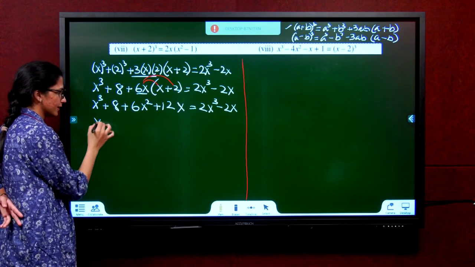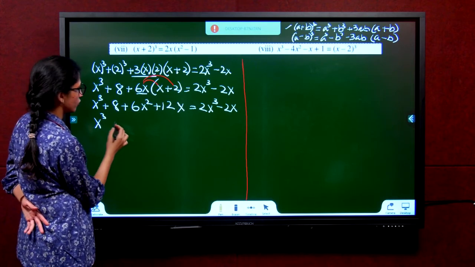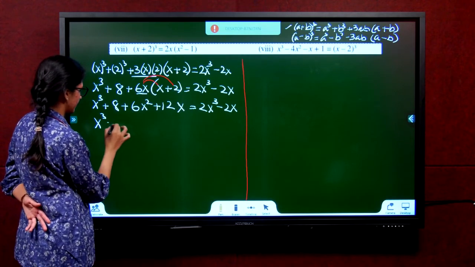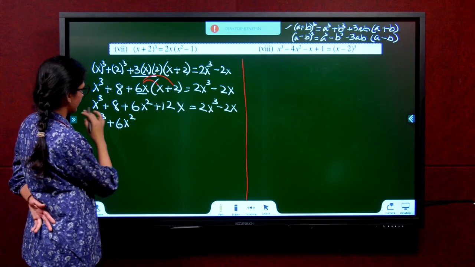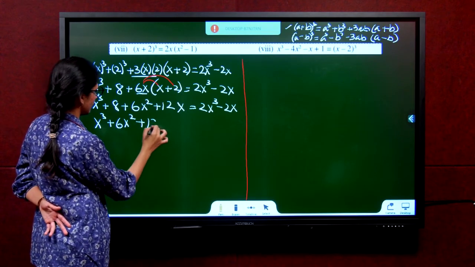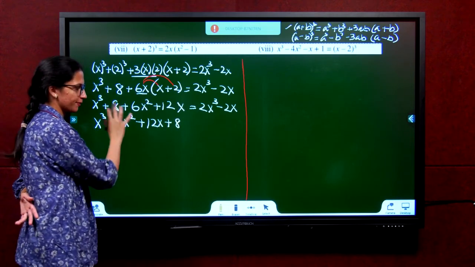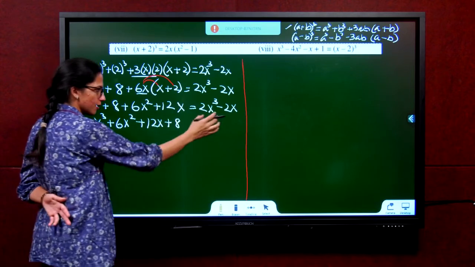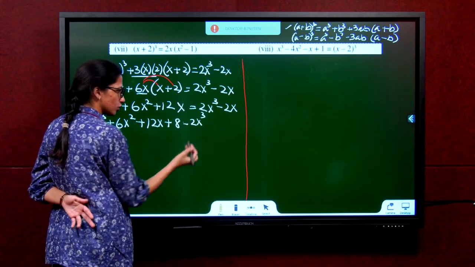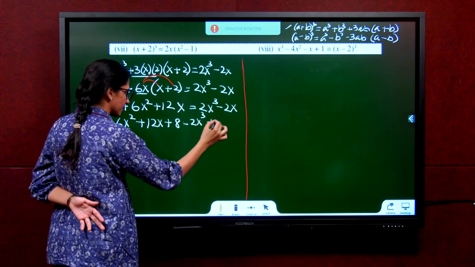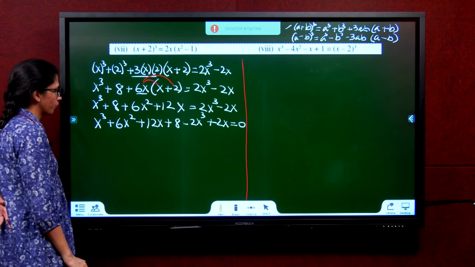First simplify this side. x cube, there's a plus 6x square here, keep it as it is. And then there is 12x plus 8. There's nothing to simplify. Basically, I wrote the same thing here. Bring the other terms aside. Plus 2x cube becomes minus 2x cube. Minus 2x becomes plus 2x is equal to 0.